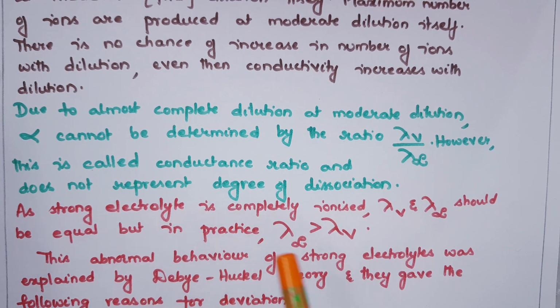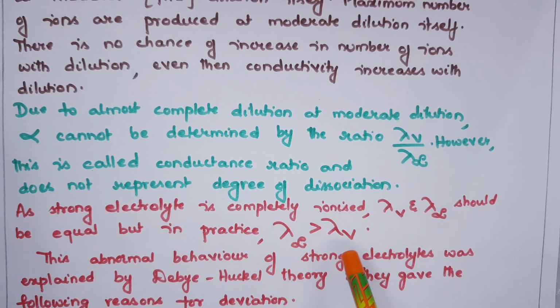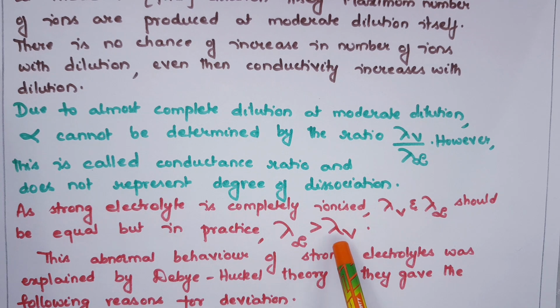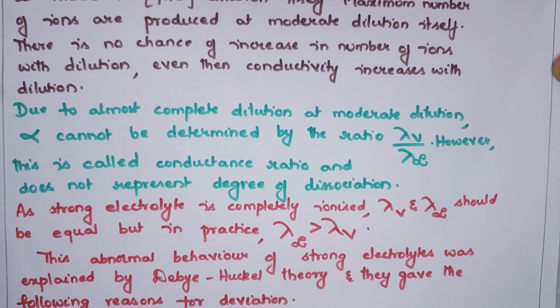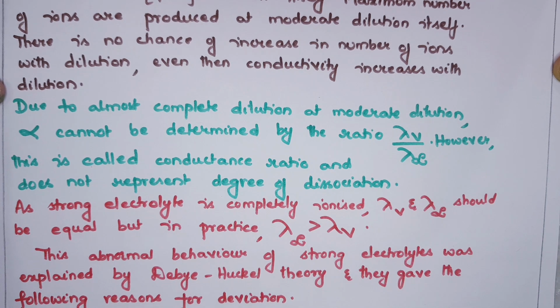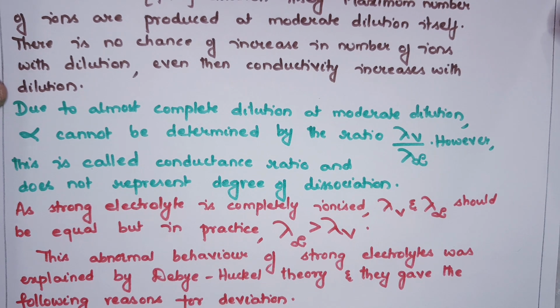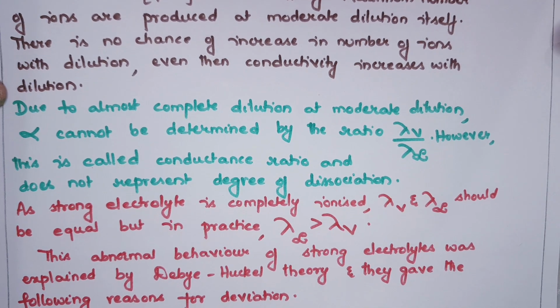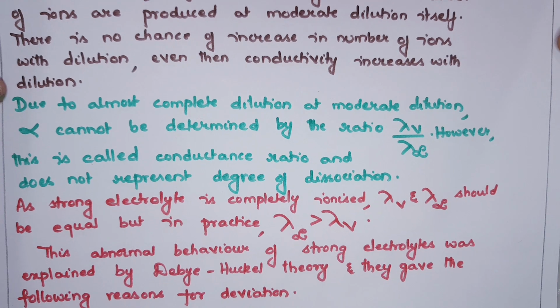But in practice, lambda infinity is greater than lambda V, or in some textbooks you will find lambda V is less than lambda infinity. Both are same, students. This abnormal behavior of strong electrolytes was explained by who? Debye and Huckel. That is Debye Huckel theory, and they gave the following reasons for deviation.